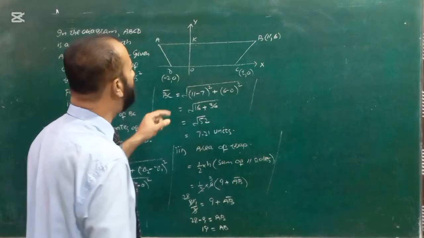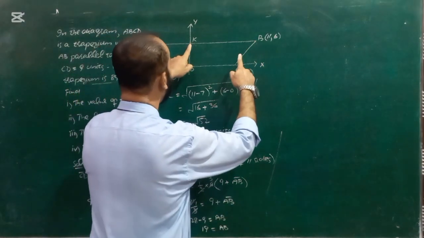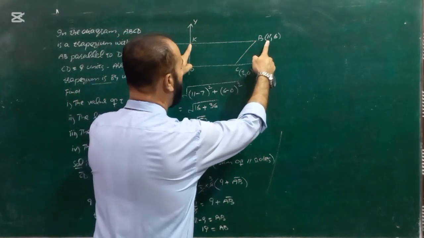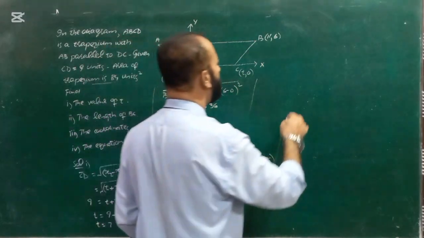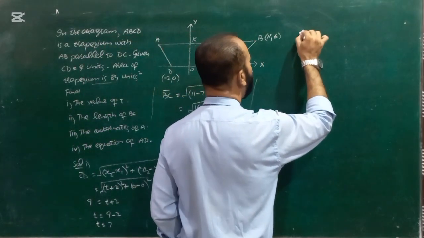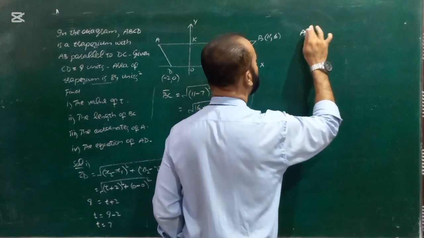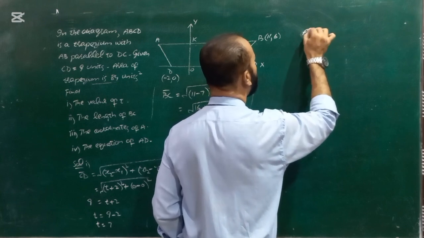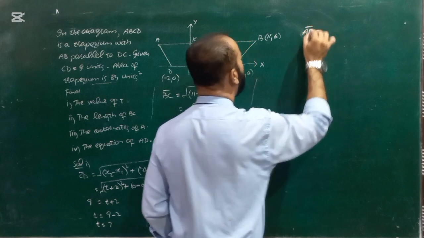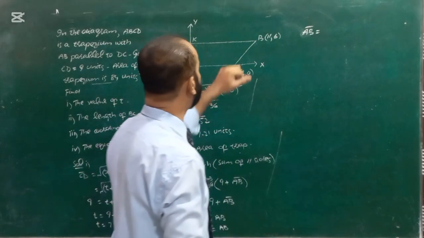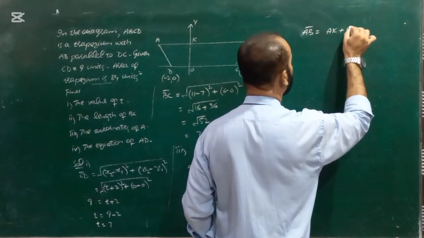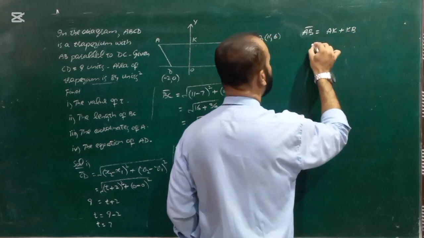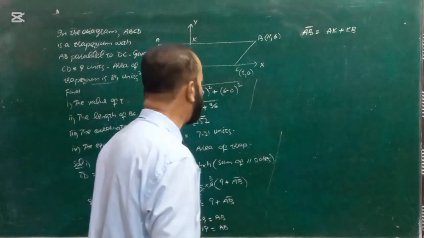Now you can see from here to here, the length is given 11, but total AB is given 19. So it means AB is equal to AK plus KB. So AB is given, that is 19.